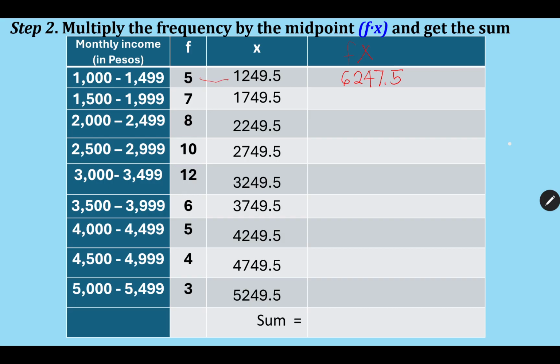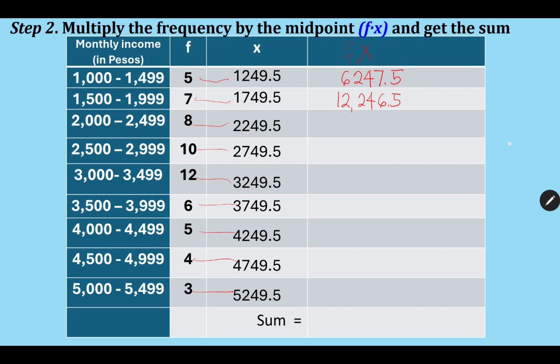We simply multiply 5 times 1249.5. So next would be 12,246.5. Again, this is when you multiply 7 by 1749.5, and so on. So you keep multiplying this until we have the last.